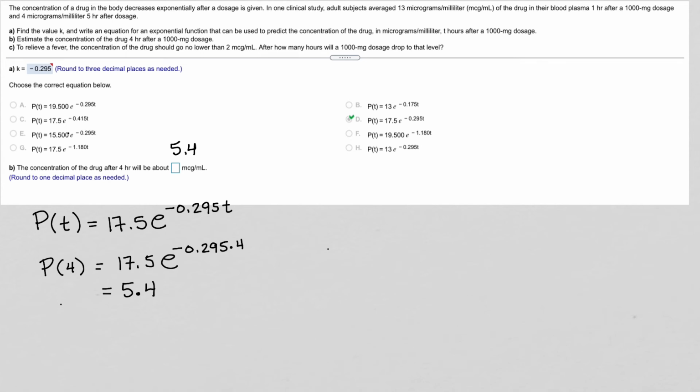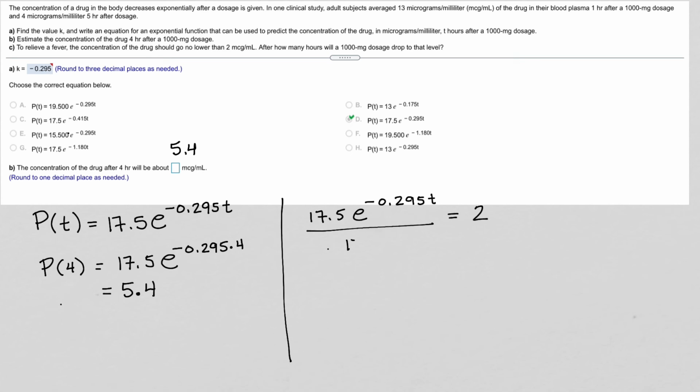And then in part C, it says to relieve a fever, the concentration of the drug should go no lower than 2 micrograms per milliliter. So we want to know how long it will take to drop to that level, and then I guess you take more of whatever that is. Okay, so now I know what the concentration should be. So I'm going to take that formula, 17.5 e to the negative 0.295 t, and set that equal to 2.